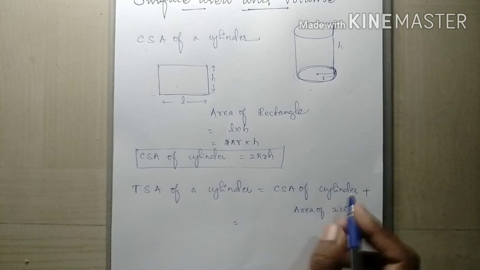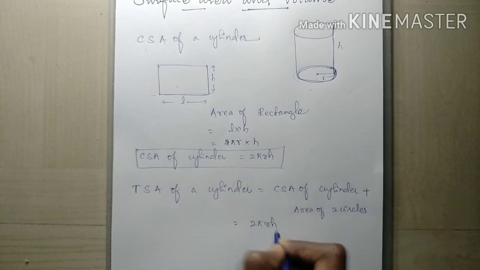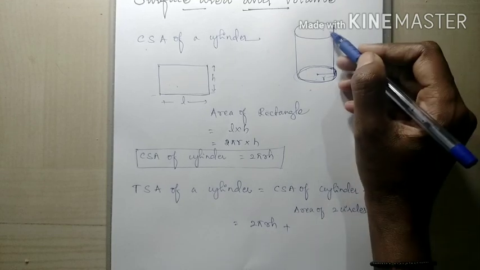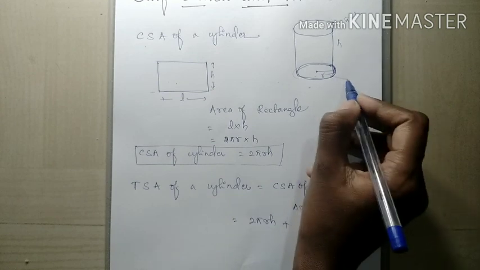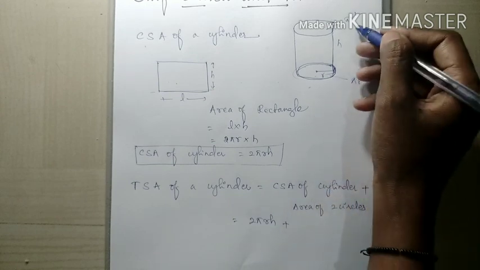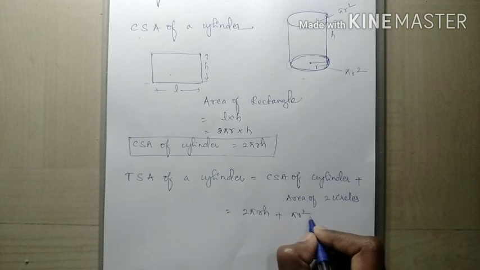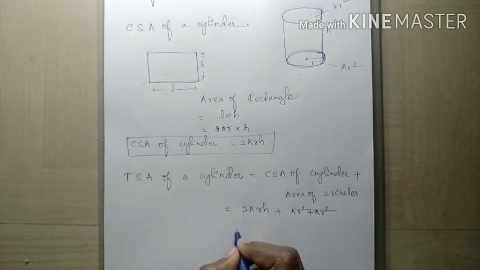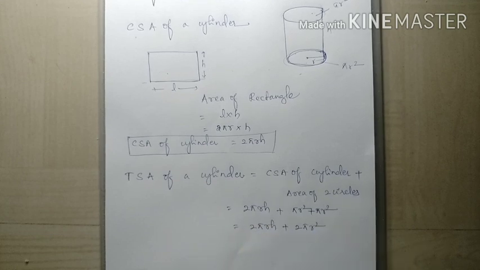That is the CSA of the cylinder, we know 2 pi r h, plus the area of a circle, pi r square, and we have another circle, that is pi r square. So we have 2 circles, therefore pi r square plus pi r square. So this becomes 2 pi r h plus 2 pi r square.